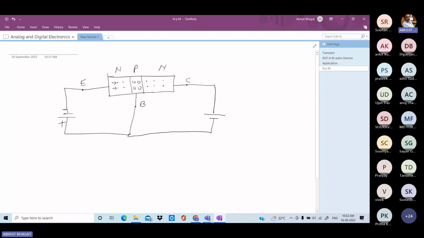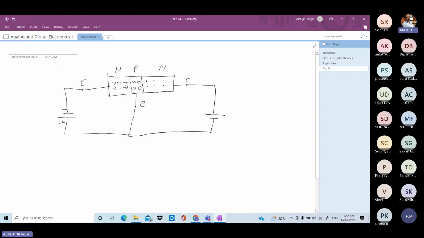Is it okay? By repelling from this negatively charged terminal, it is moving this way, this side.